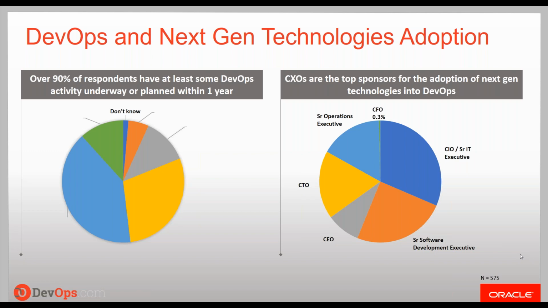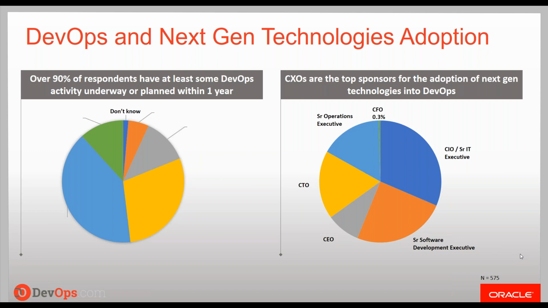On top of that, who are the sponsors, if you will? Who are the people pushing the adoption of next-gen technologies into the DevOps processes, into the DevOps way of doing things? What you can see here is that overwhelmingly, it's coming down from the executive. So it's top down. CIO, senior IT executive is the biggest single selection.